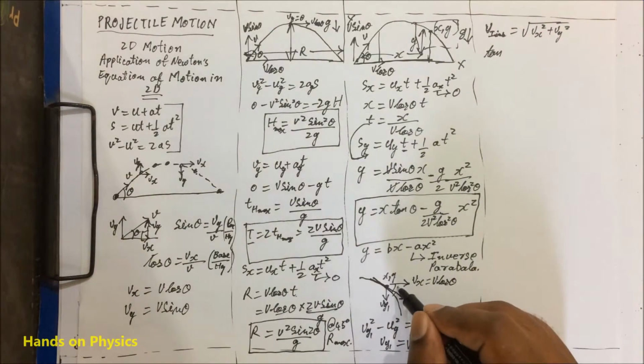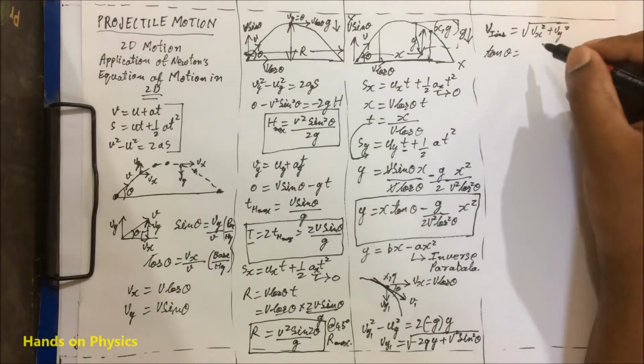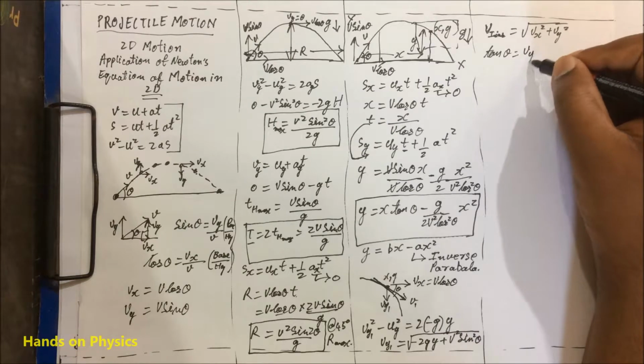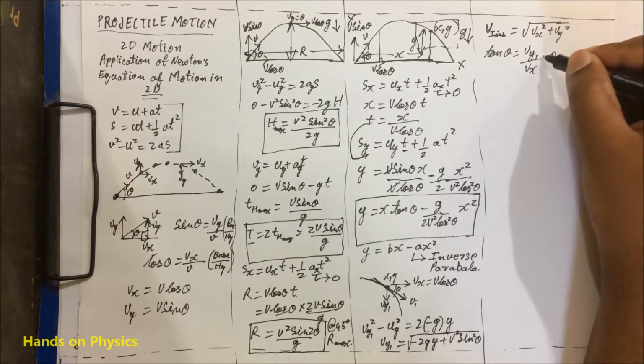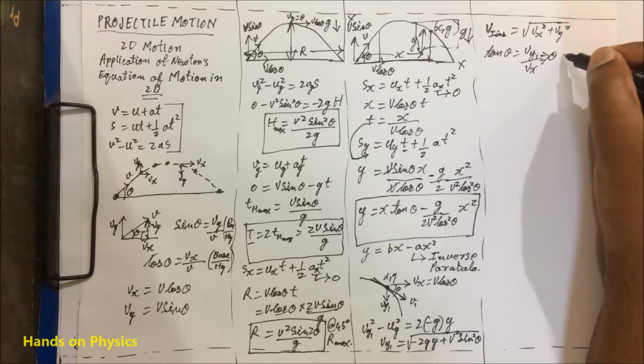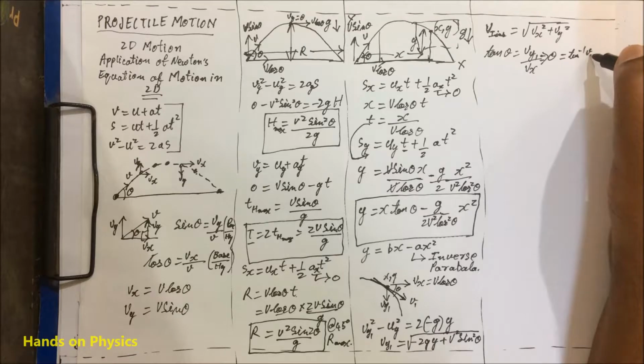This angle tan theta would be vy1 upon vx, and therefore theta will be tan inverse of vy1 by vx.